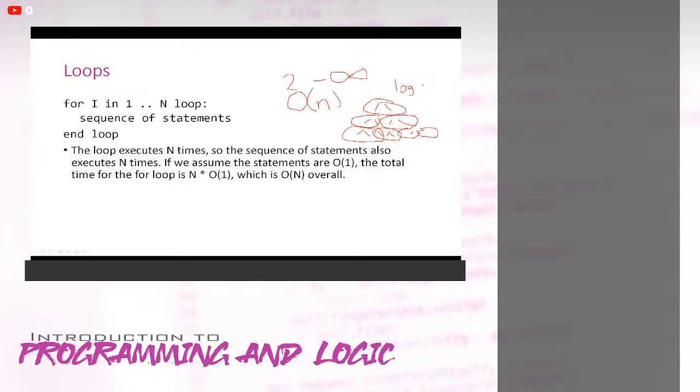Log n. O of log n. So when we get to our merge sort, we'll talk about how, since we have these two structures nested inside of one another, in that case our merge sort would be O of n times the log of n.